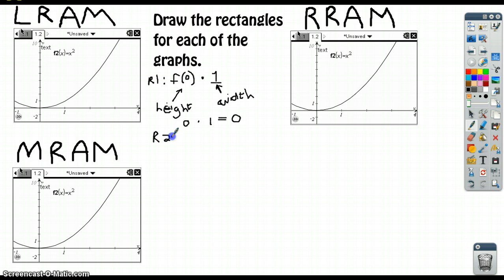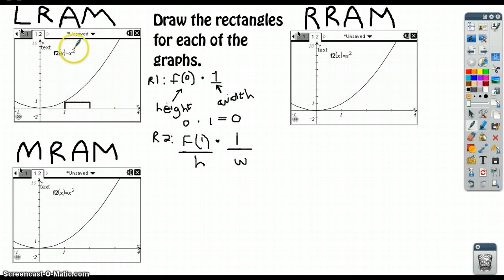Rectangle number 2. Well, I know that's going to happen at f of 1. That's my height, or my length, right? Because if we're talking about rectangles, we're talking about length times width. Times 1. That's my common width. So f of 1, how high is that? Is that rectangle right here at 1? How high is that? Well, I just plug in 1.